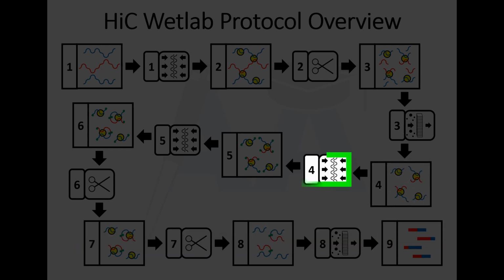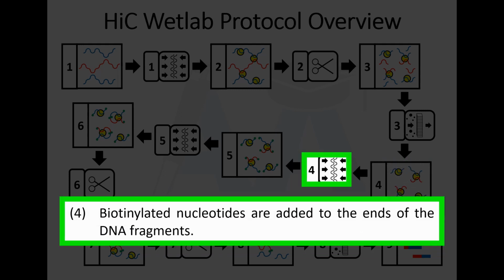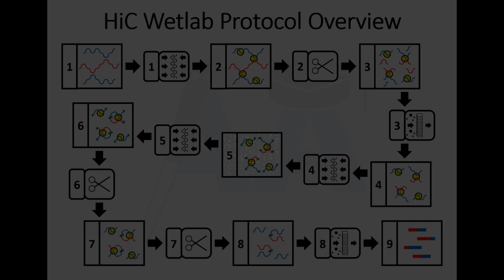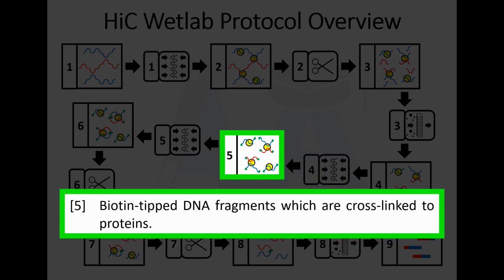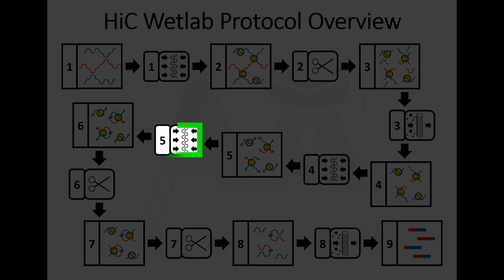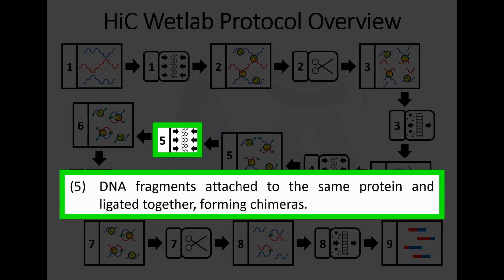Biotinylated nucleotides are then added to the ends of the DNA fragments, giving us biotin-tinted DNA fragments which are cross-linked to proteins. The DNA then undergoes ligation. Due to proximity, this almost exclusively occurs between either the two ends of a DNA fragment or the ends of DNA fragments which have cross-linked to the same protein.